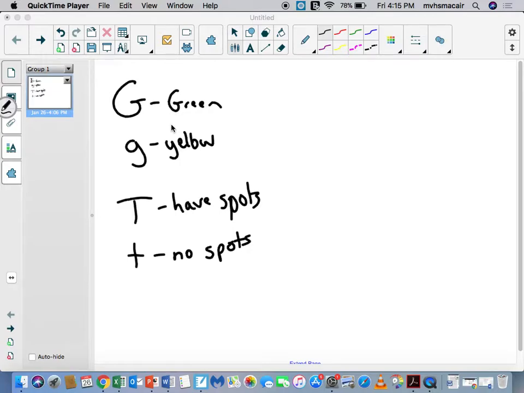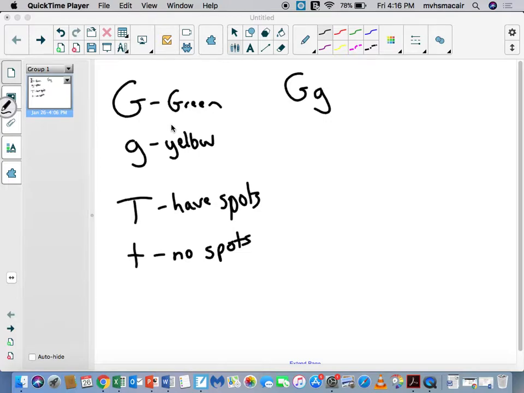So if I said there's a heterozygous green frog that has spots, we're going to assume one of two things. Either it's heterozygous, a capital G, lowercase g, because the dominant trait is still showing, or it's homozygous dominant, with two capital G's. And I said heterozygous right away, so that's that.